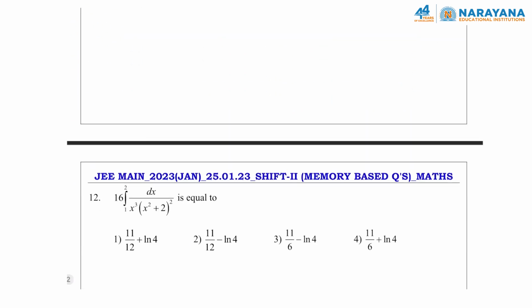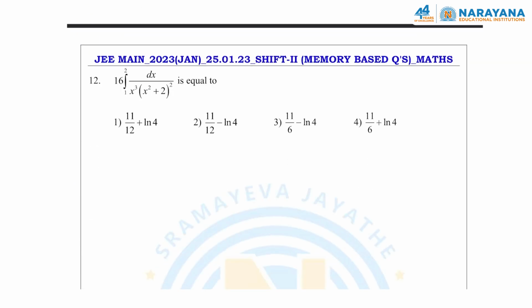Moving to the next question. So here 16 times the integral from 1 to 2 of dx by x cube into (x square plus 2) whole square is asked. So if I take I equal to 16 times the integral from 1 to 2 of dx divided by x cube into (x square plus 2) whole square.